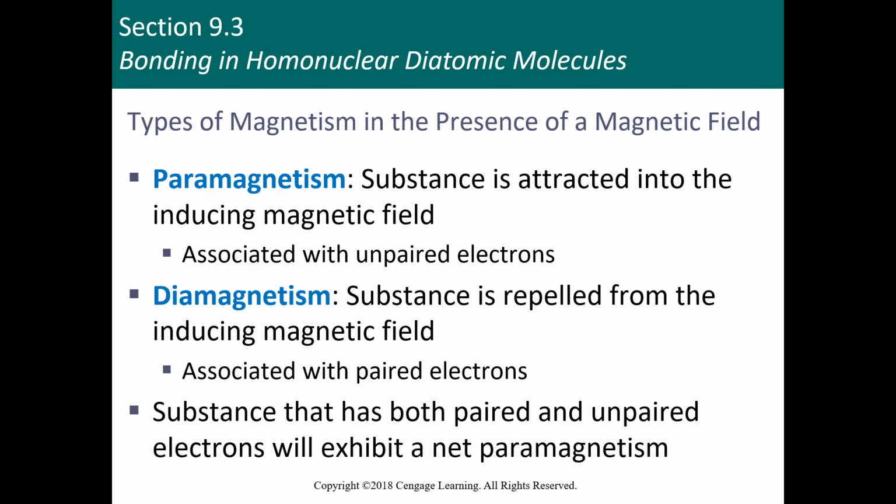This would be a bulk substance, something like steel, which oftentimes has spots where it's just pure iron, or a substance that has two different molecules in it. Again, if it has unpaired electrons in it, it will give you an overall net paramagnetism.